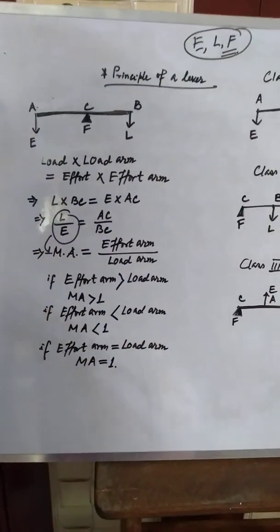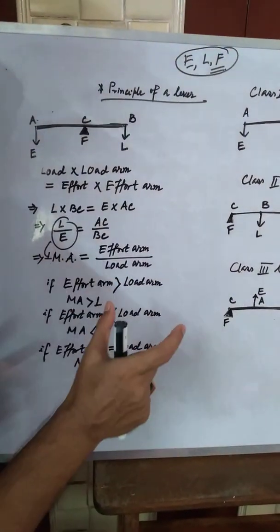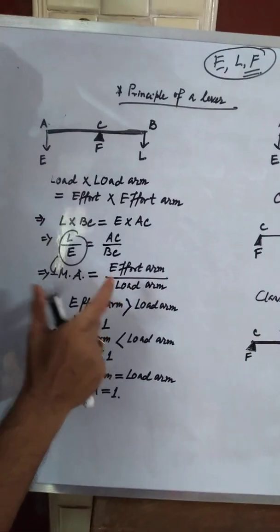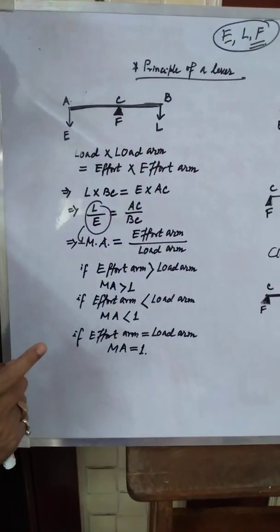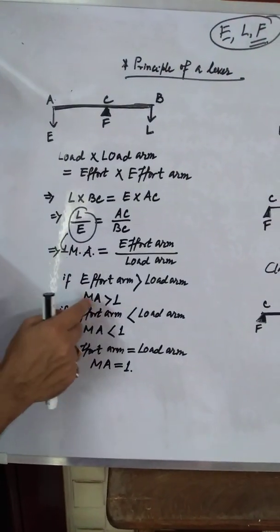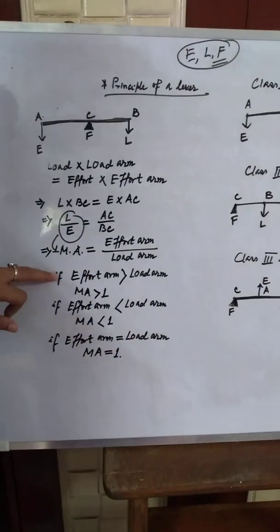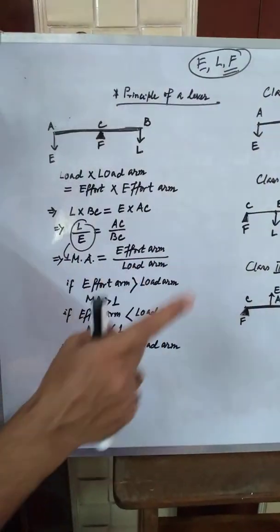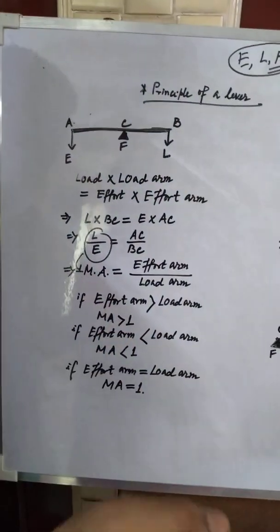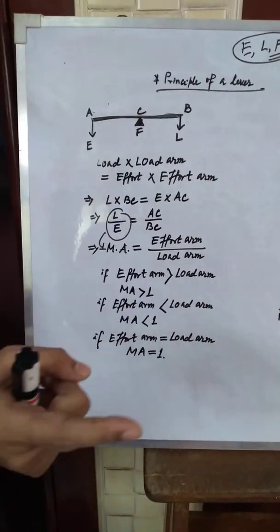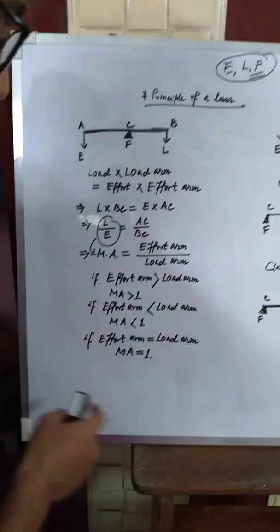Now it is obvious that if the effort arm is more than the load arm, then AC is greater than BC, so the mechanical advantage is greater than 1. Then the machine will act as a force multiplier. I discussed the force multiplier and the speed multiplier in the last class.